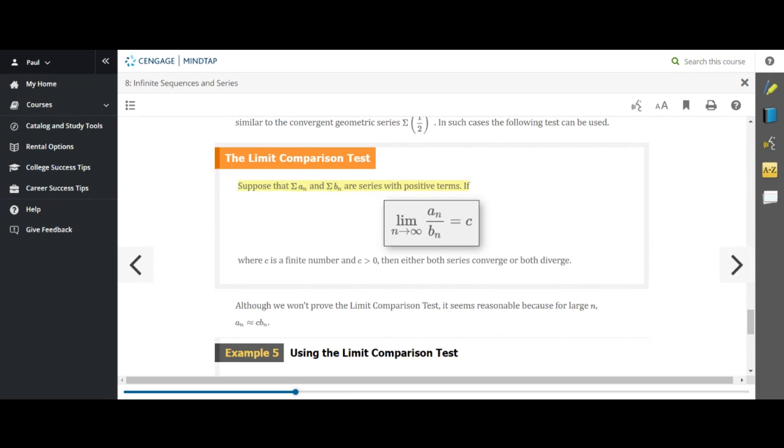Because if the limit of an over bn is equal to a constant, you're saying essentially that the terms of the series are proportional to each other.